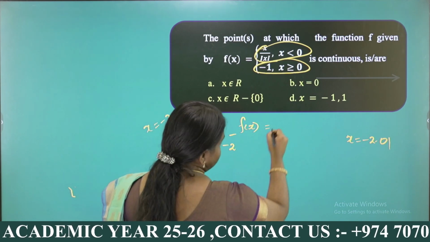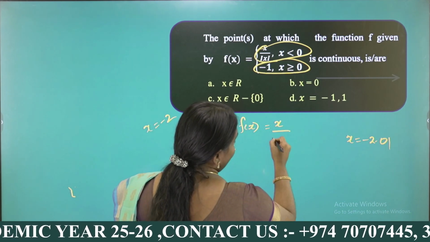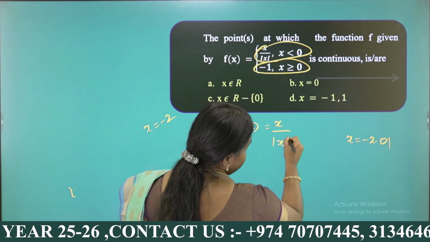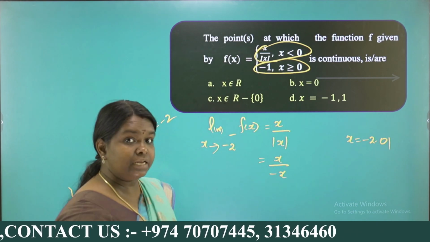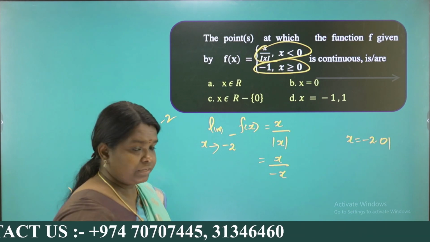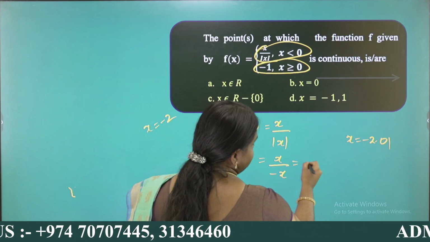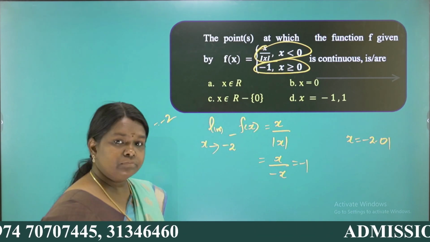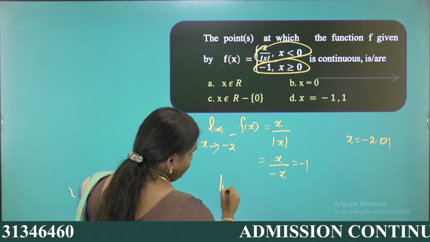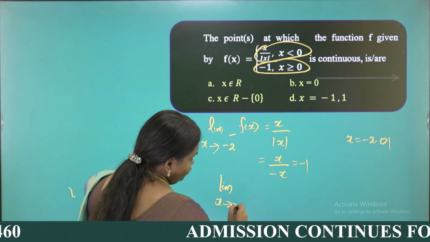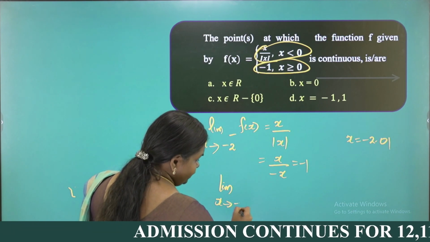So x divided by modulus of x is equal to x by negative x, because when x is less than 0, mod x is negative x. So x by negative x, that is negative 1. Minus 2 plus also the same thing, right? Limit x tending to minus 2 plus.